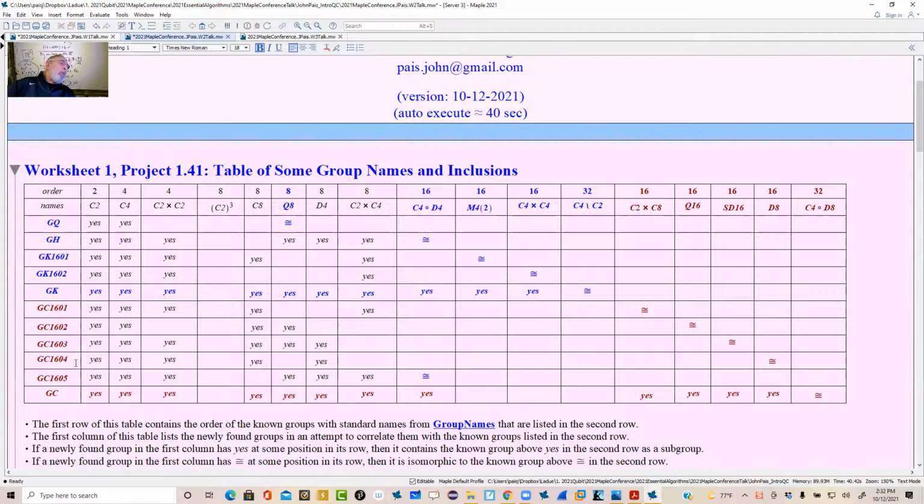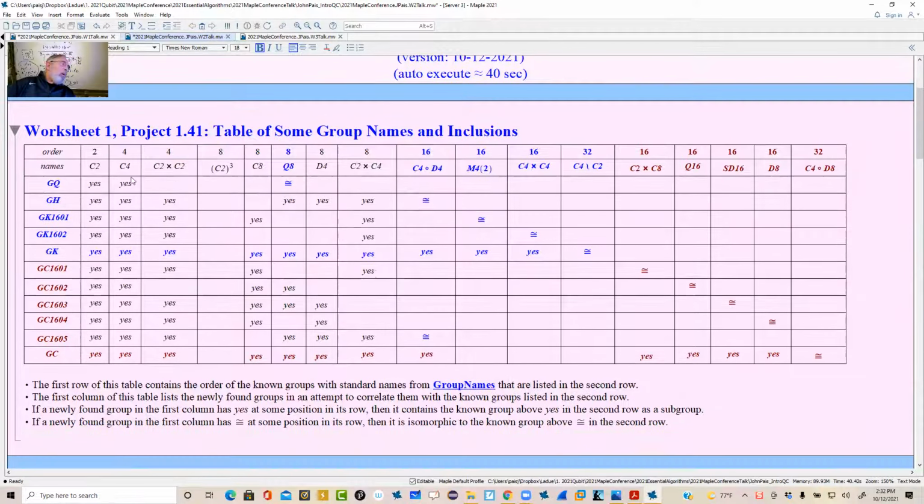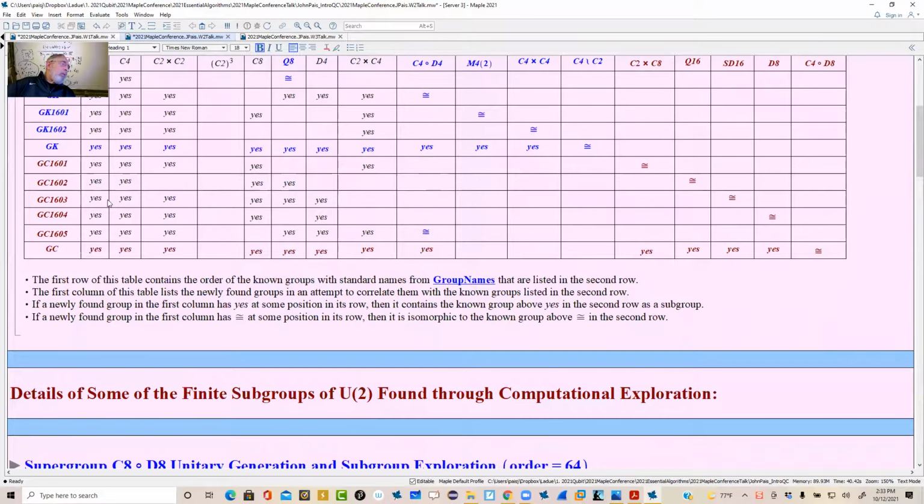It turns out that the Quaternions are Q8 on the group names website, and the matrices, or the Pauli group, is C4 circle D4, which is the central product of C4 and D4. Then there are different kinds of products here, so students have to go figure out what those products are, and that gives us a reason to talk about them. Okay, so there's that table.